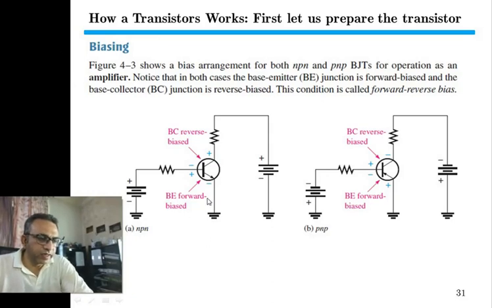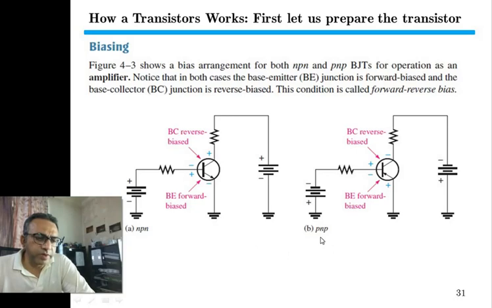If we have an NPN transistor, then the base emitter will be forward biased, and we will do this by connecting a power supply as shown, and the base collector will be reverse biased, and we will do this by using a power supply such that the positive terminal of the power supply is connected towards the collector terminal, and the emitter is grounded.